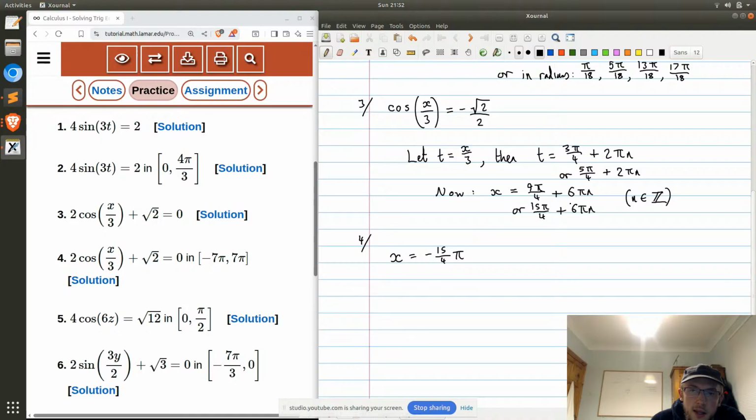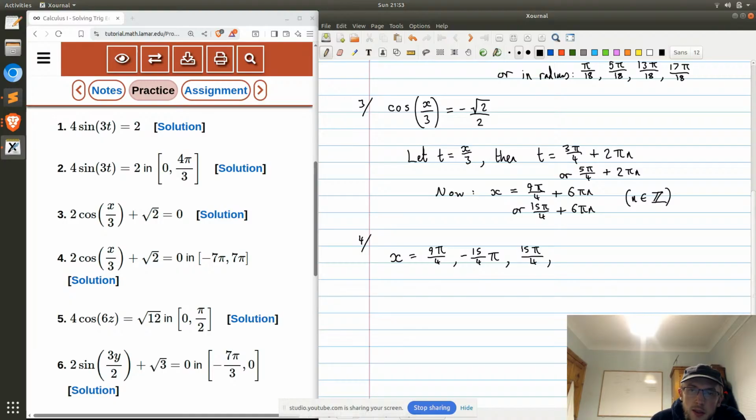And then here we encounter the same sort of issue, but not forgetting the initial 9 pi over 4, which is fine. And the 15 pi over 4 here would be fine as well.